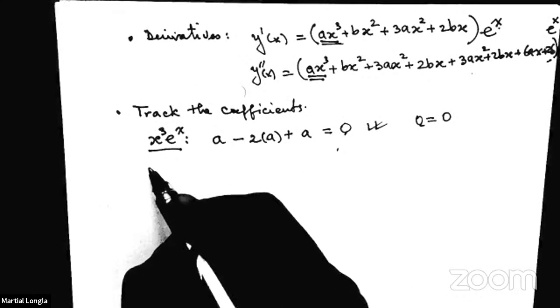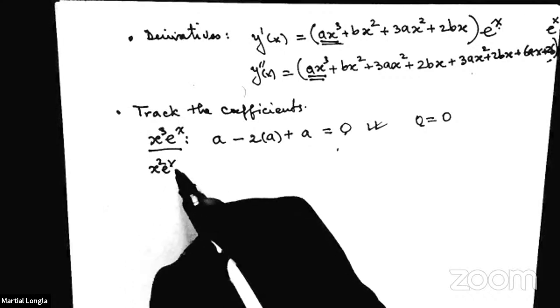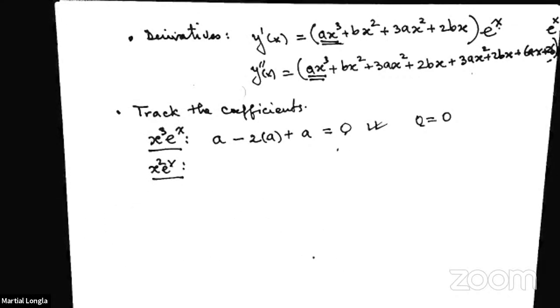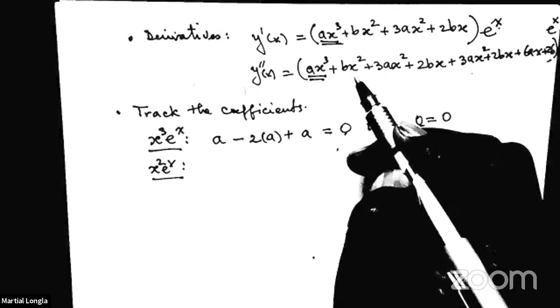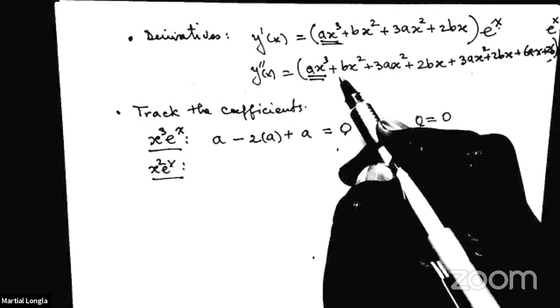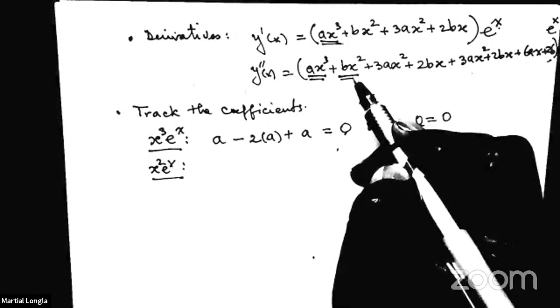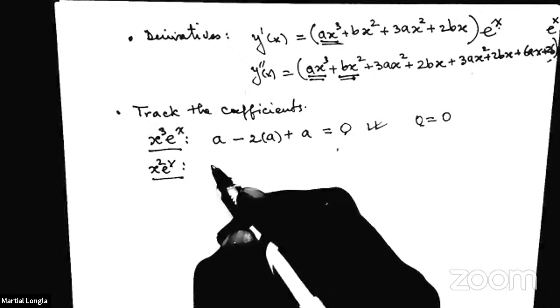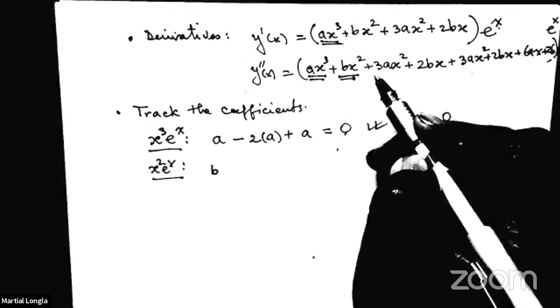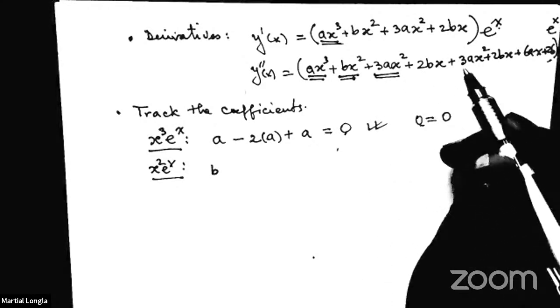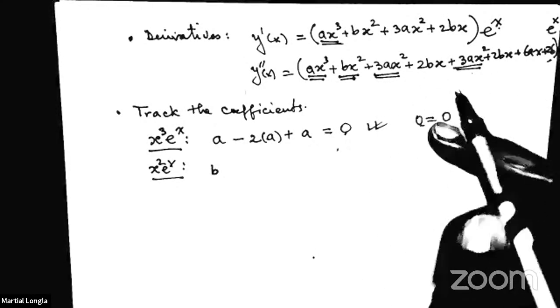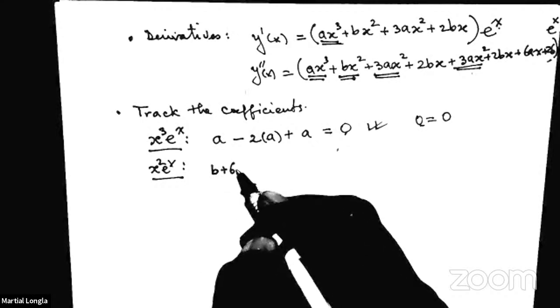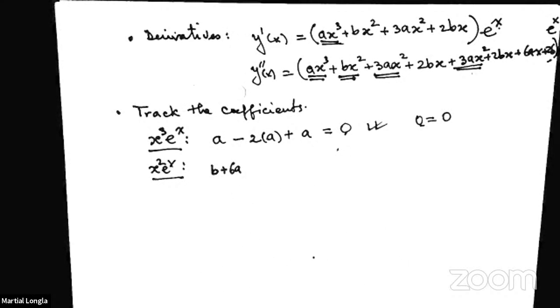Now go to x squared e to the x. X squared e to the x, there we go. That's 1, that's bx squared. Any other one? Nope. B, another one here, 3ax squared, 3ax squared, so that is 6ax squared. That's for the second derivative. We don't have any x squared e to the x anymore there.